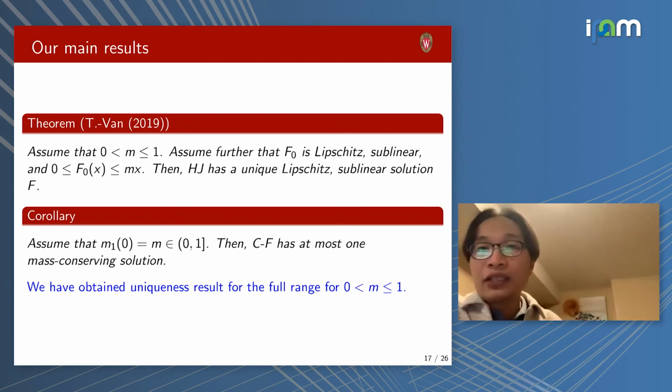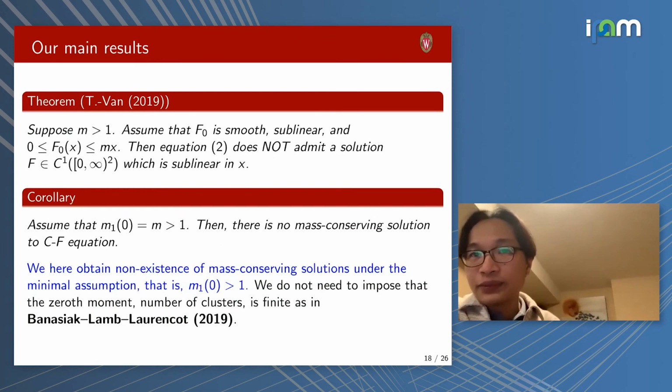The second result is the other range: if m is greater than 1, then we can prove that we do not have a solution to our Hamilton-Jacobi equation. This is quite interesting, but the proof is also not too complicated.